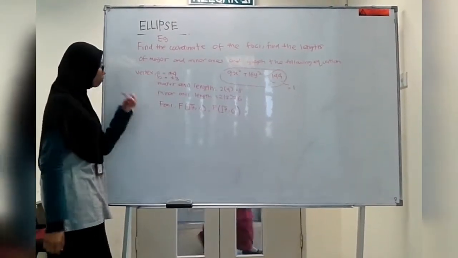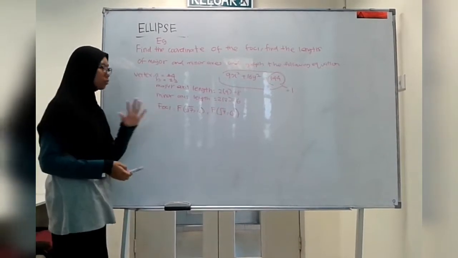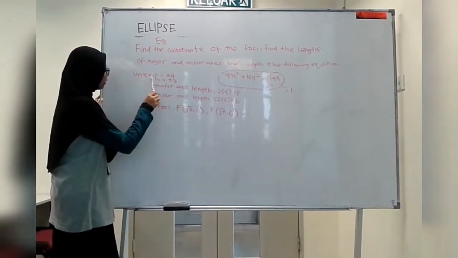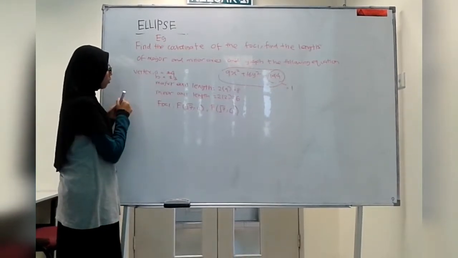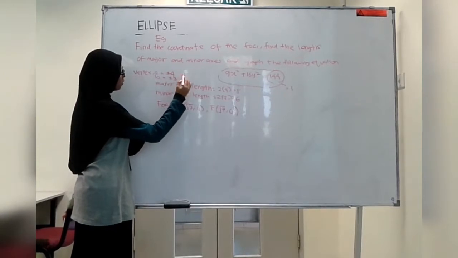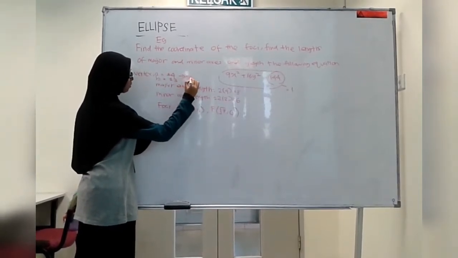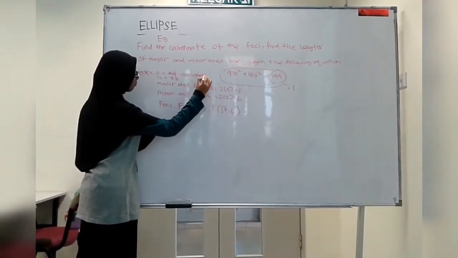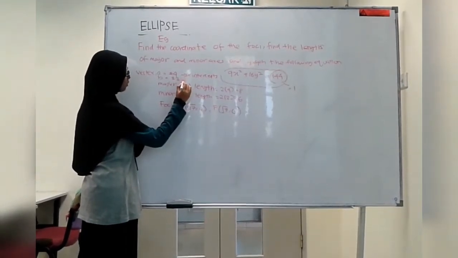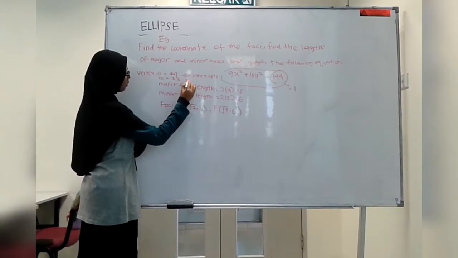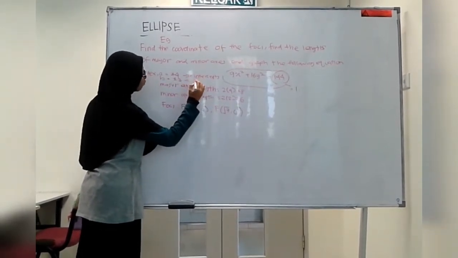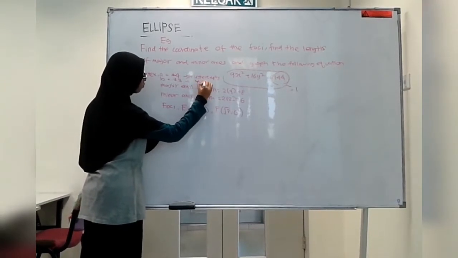So from the equation we just did, we can get the vertices of the ellipse at plus minus 4, which is the x-intercept. And b is plus minus 3, which is the length at the y-axis, which is the y-intercept.